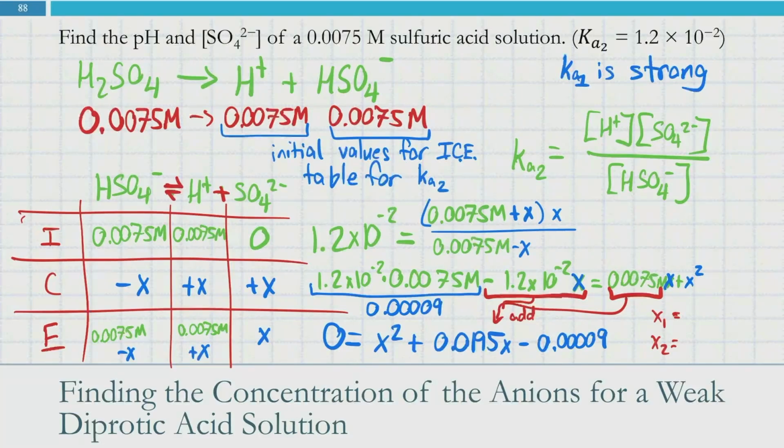So our x1 is that, and our x2 is a negative number. So there's our x1. We're going to be using the positive x value. And so that's going to equal our concentration of SO4 2 minus.